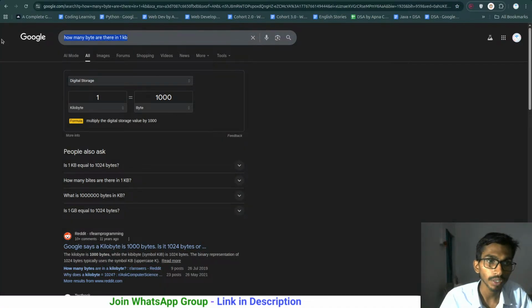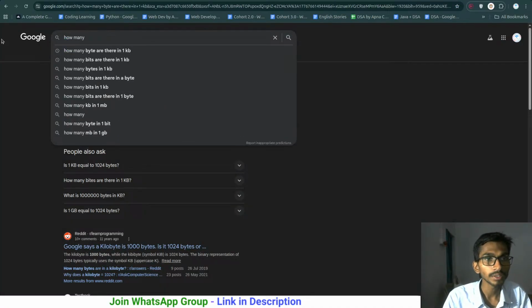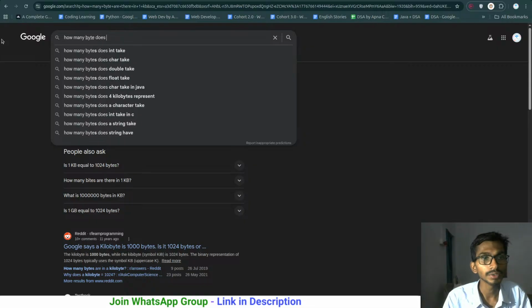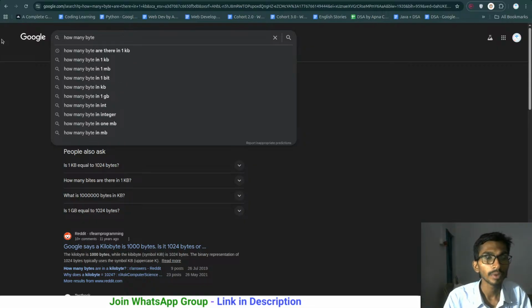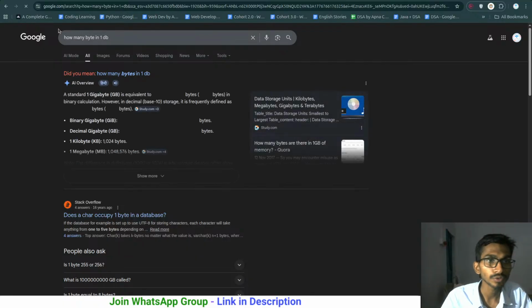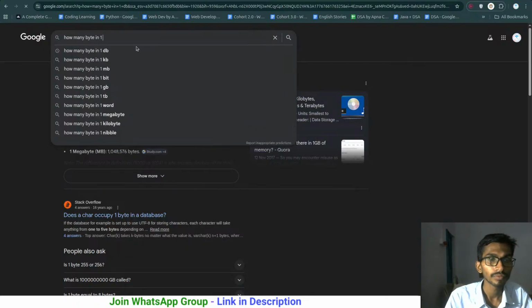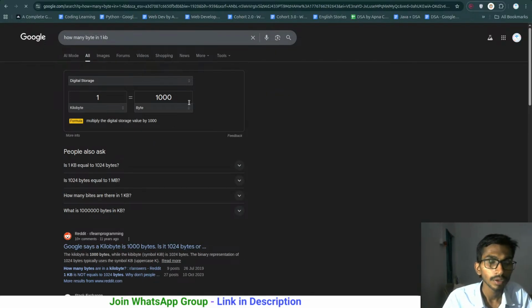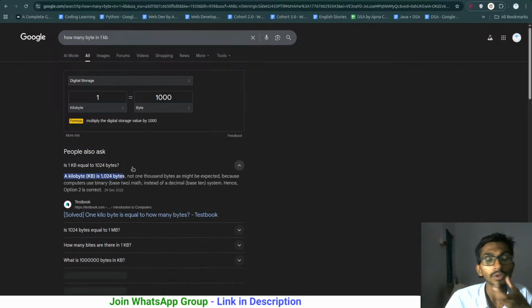Let me search it one more time. How many bytes in 1 KB? KB, not DB actually. So 1 KB is equivalent to not even 1000. 1 kilobyte is equivalent to 1024 bytes.